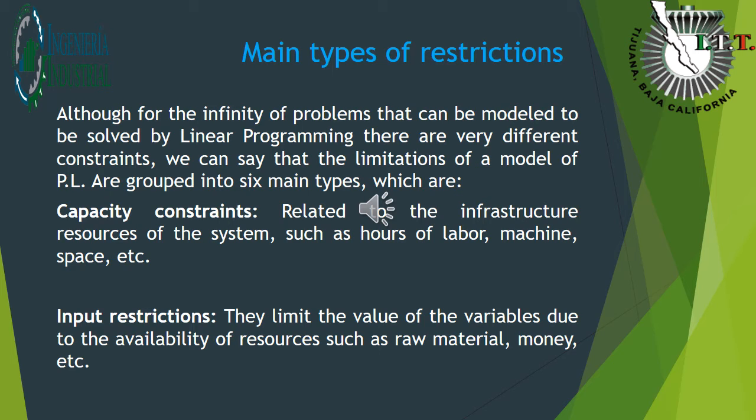We can say that the limitations of a model of PL are grouped into six main types, which are capacity constraints, related to the infrastructure resources of the system, such as hours of labor, machine, space, etc. Input restrictions, they limit the value of the variables to the availability of resources, such as raw material, money, etc.